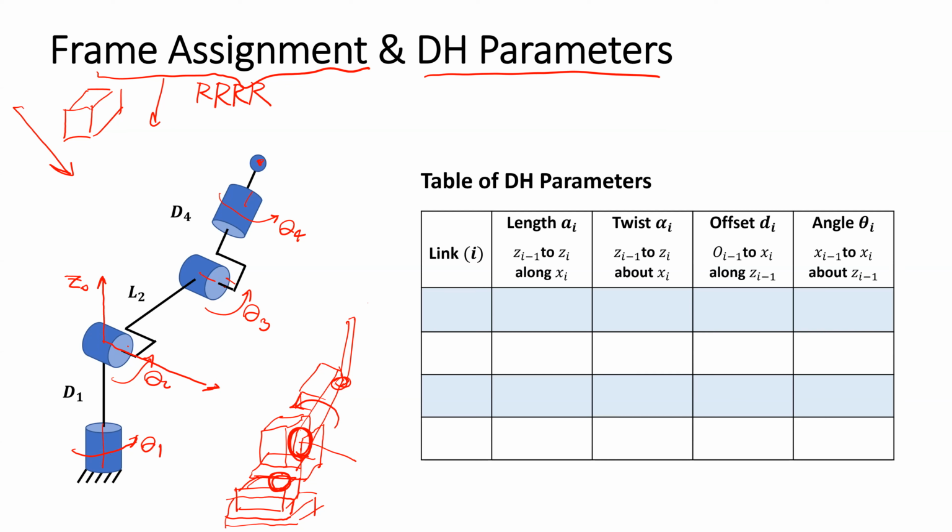So z0 is matched with the rotational axis of theta 1. z1 is the rotational axis of theta 2, and z2 is the rotational axis of theta 3, and z3 is the rotational axis of theta 4.